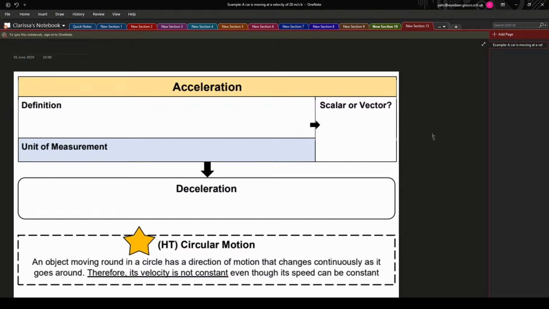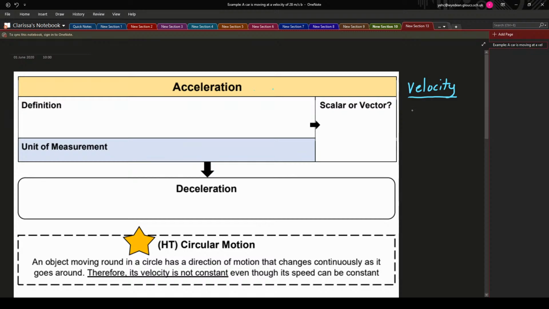It's not going to be far off of what you probably already understand about it. First, as a quick recap, we previously defined a keyword, which is velocity. And remember, velocity is basically just a speed in a particular direction.